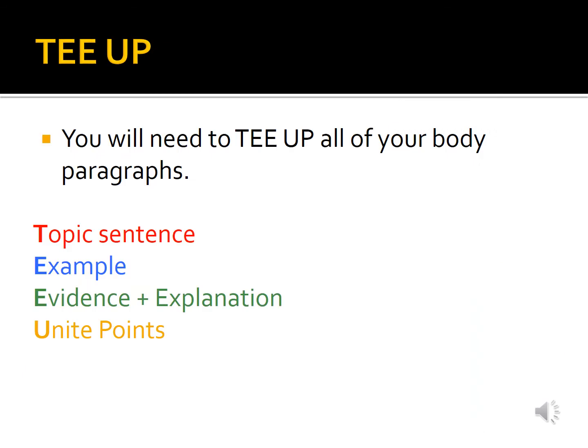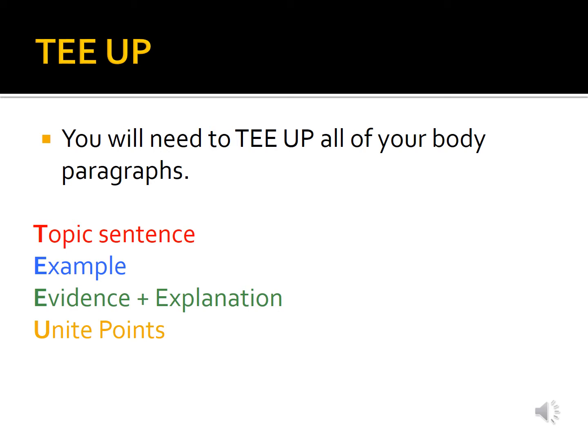So when you are writing your body paragraphs, you're going to approach them a little bit differently depending on the body paragraph that you're writing. If you're writing body paragraphs 1 and 2, you are just going to follow the tee-up paragraph format. So in body paragraphs 1 and 2, that's where you're addressing your first subtopics. So let's say you're working on body paragraph 1 and you're addressing subtopic 1.